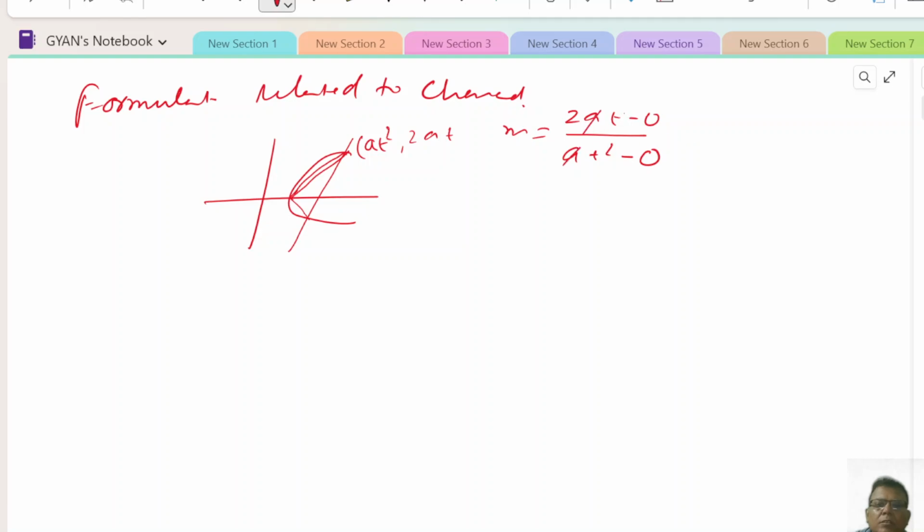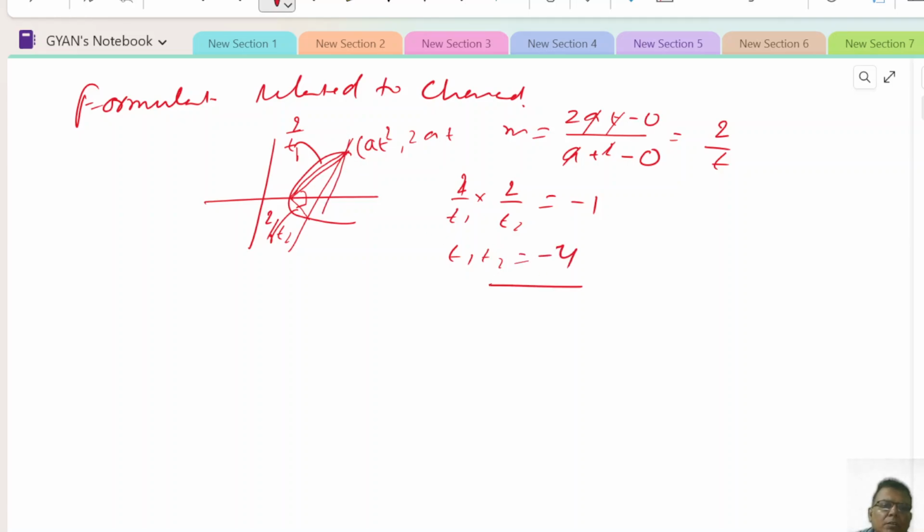Then a cancels, t cancels. Then the slope is 2 by t. Similarly, this slope will be 2 by t1. So if this is 90 degrees, then 2 by t1 into 2 by t2 is equal to minus 1. So t1 t2 is equal to minus 4. So for any chord which is making 90 degrees at the vertex, t1 t2 will be minus 4. This is the first.